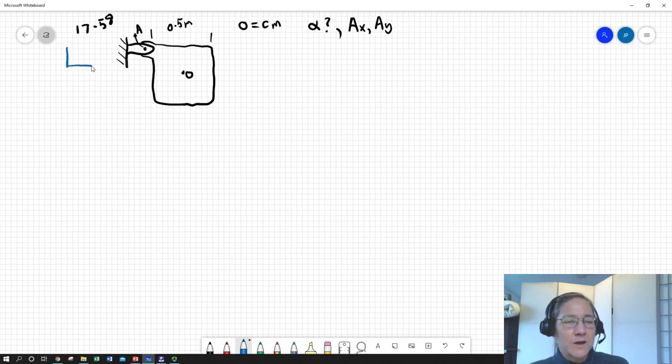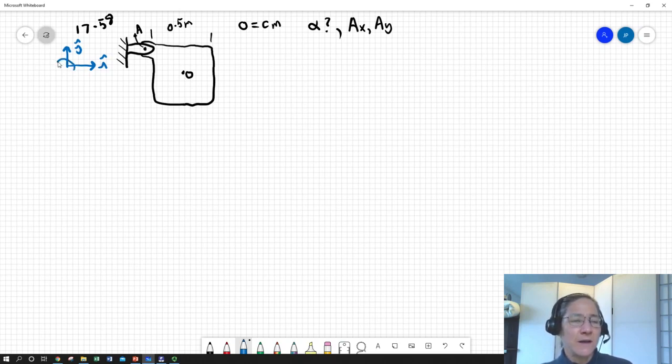And speaking of horizontal, I'm going to go ahead and put a coordinate system here. So I have some sign conventions. I'm going to be looking at linear accelerations, which are going to be applied to the center of mass, which is at point O, in the i hat and j hat direction.